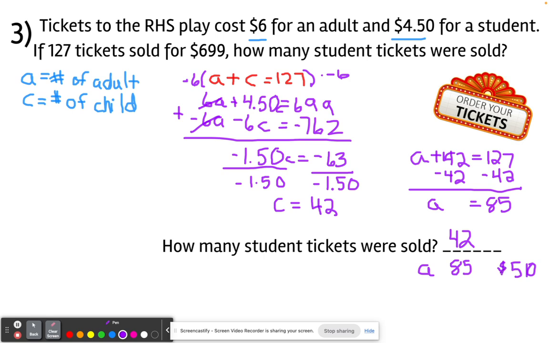So $4.50 times 42 tickets is $189. And if I add that together, I should have $699 for 127 tickets. And I do.